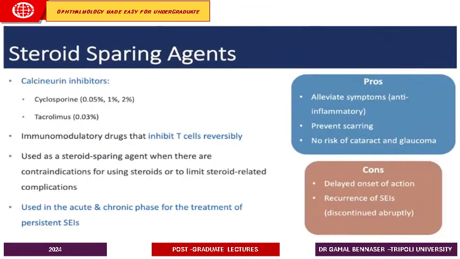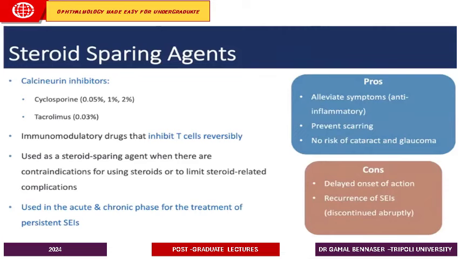Now, the last thing is the use of what are known as the steroid-sparing agents. These are other medications that have an effect like steroids, but are not steroids, known as the calcineurin inhibitors, like cyclosporine and tacrolimus. Both are immunomodulators or immunosuppressants that will inhibit T cell activity reversibly.